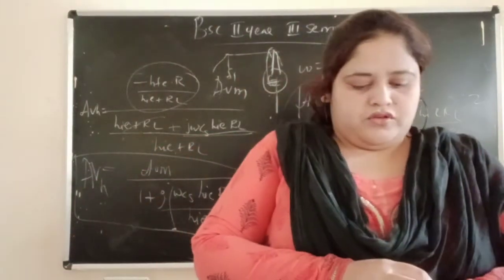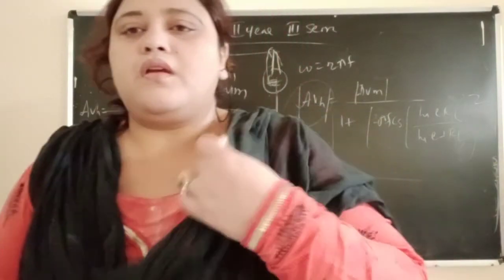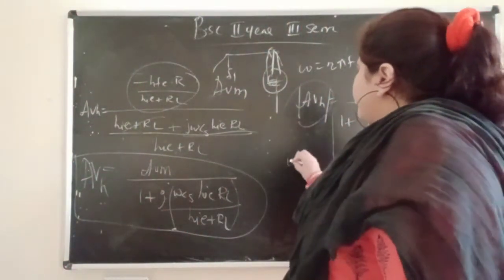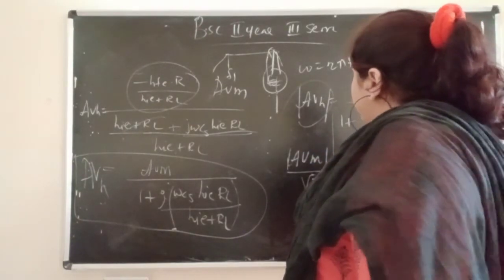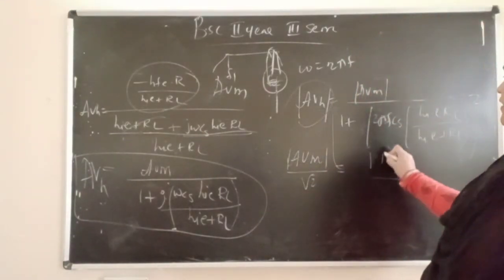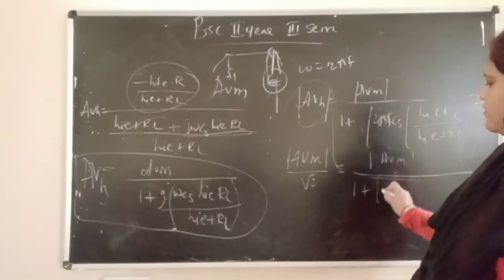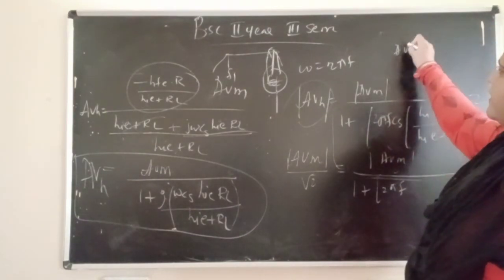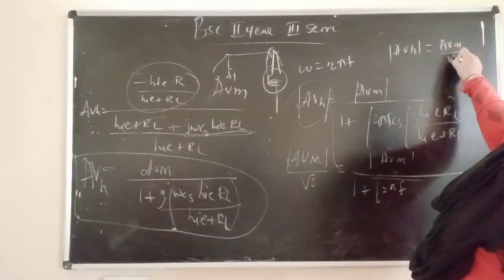Okay, so now what we will do, instead of this I will write AVM by root 2. Then in this equation I will write AVM, same thing, then 1 plus 2 pi, instead of AVH mod I am writing AVM by root 2.